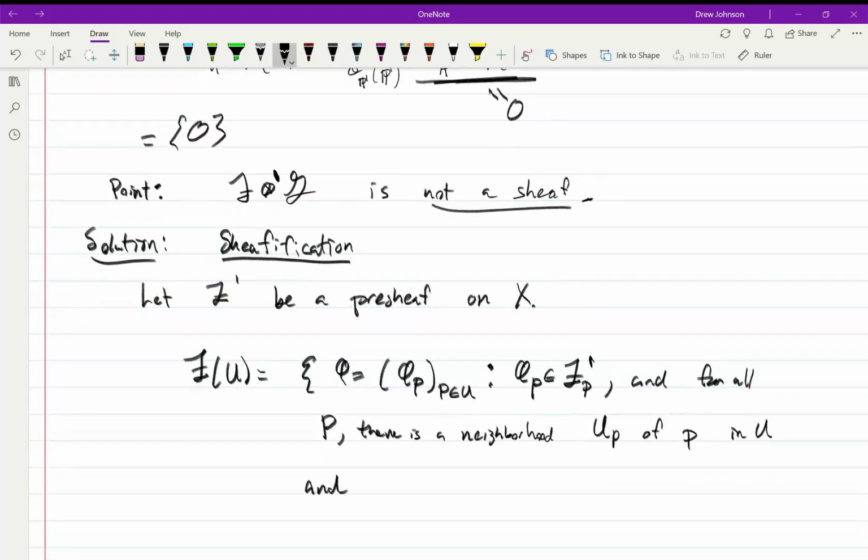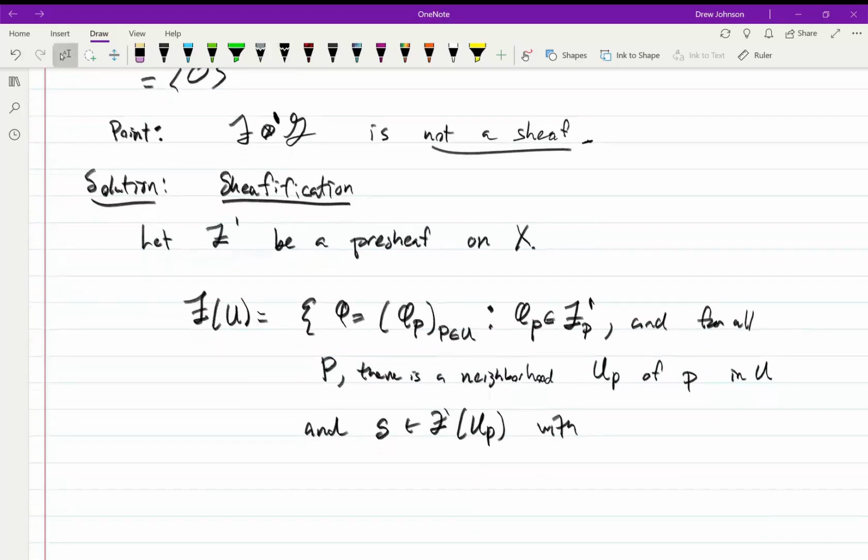and a section s of the pre-sheaf over that neighborhood with phi_q equal to s_q for all q in the neighborhood.